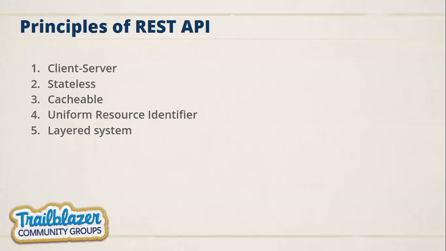Cacheable. We can store the data in cache. Why is it required? It is required to make your REST API high performing. Take the example of some e-commerce sites. Product details are fetched by all users. The same product is fetched.